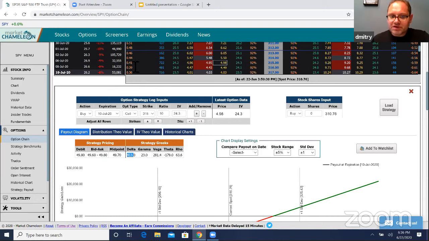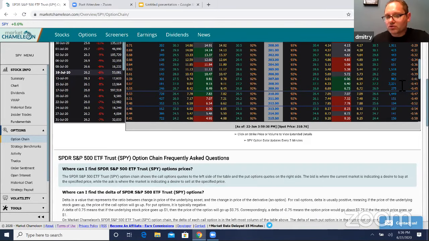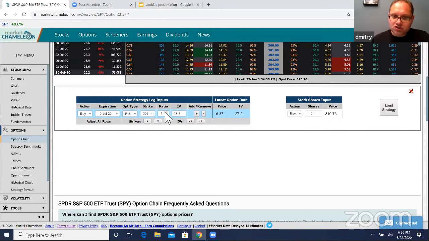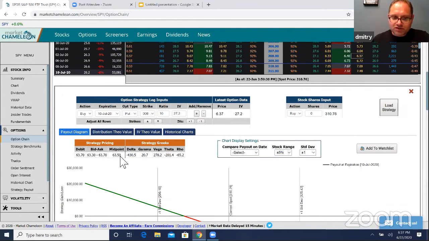Now remember, this is a positive delta. On the put option, puts have a negative delta. So I would have to go the other way. What if I bought a put? To hedge it, I'd have to buy stock. This is 43 delta. Let's change this to 10 options. Now I'm short 430 deltas.